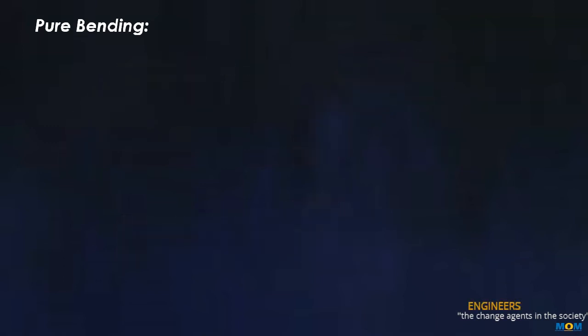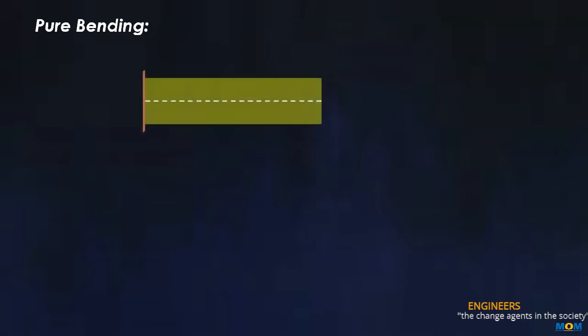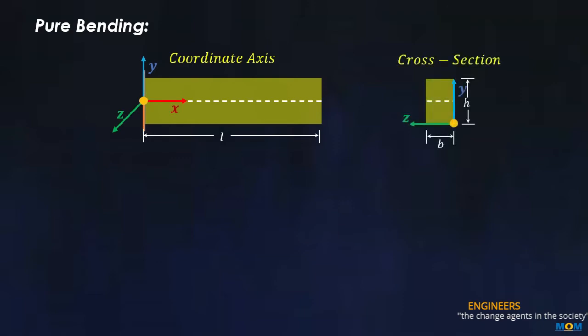Now considering a rectangular cross-section beam of length L, the longitudinal axis is along the x-axis. The cross-section shows the width and height of the beam. The neutral plane passes through the centroid of the beam. It is the geometric center, and we assume that the entire area is concentrated at this point. For analysis, we have to use the moment of inertia of the beam.